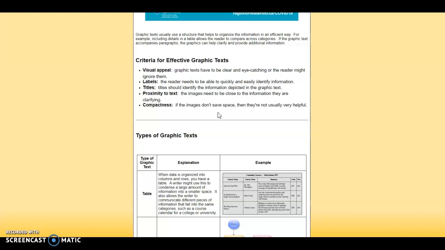You want to make sure that everything is clear and compact, okay? So if you can create a graphic text that is visually appealing, has proper labels and texts, and has the images closely attached to the writing, and is compact, well, then you have an effective graphic text.